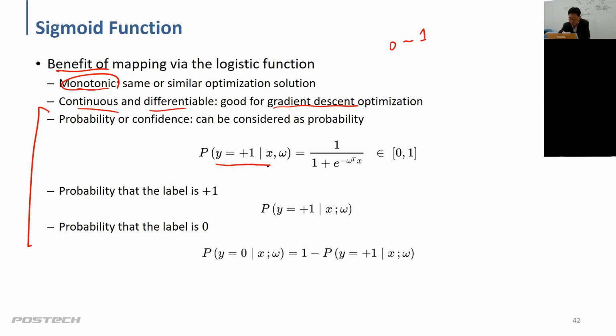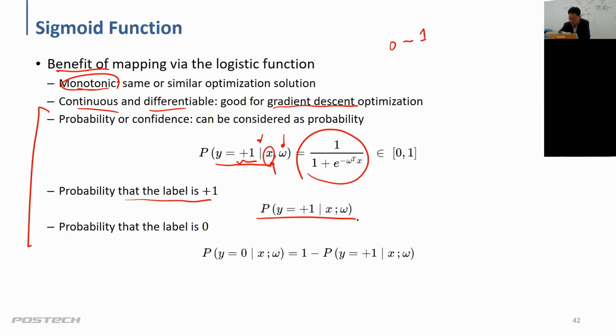Given omega and the x points, this is the conditional probability that x belongs to +1. So this sigmoid function gives the probability that the label is +1.